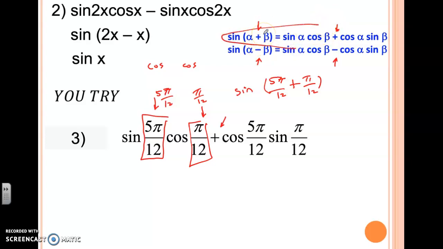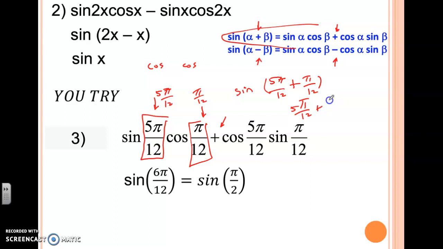Next, this is the condensing of this identity. Inside, I have 5 pi over 12 plus pi over 12, and 5 plus 1 gives me 6 pi over 12. If I reduce 6 over 12, that's the same as 1/2.